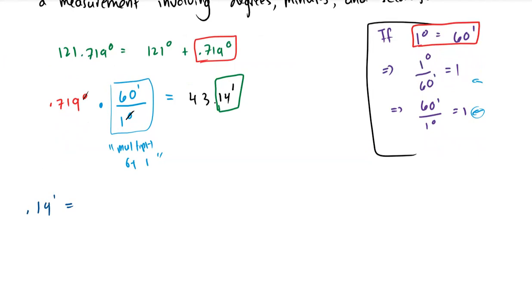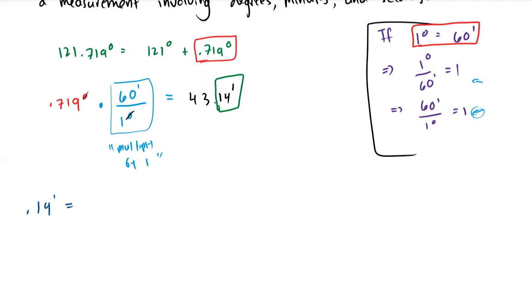So basically, each time you convert, you want to get rid of the decimals. So you're going from 121.719 degrees to minutes: separate the whole part, the 121, and just convert the decimal part from degrees to minutes. Now you're going to get a number in minutes. Again, it might involve a decimal. If it does, take that decimal part and convert that into seconds. So that's the idea.